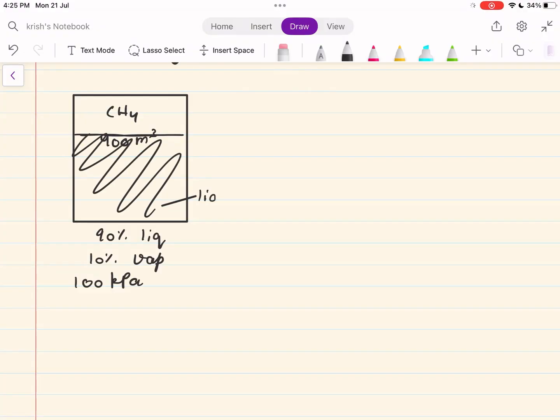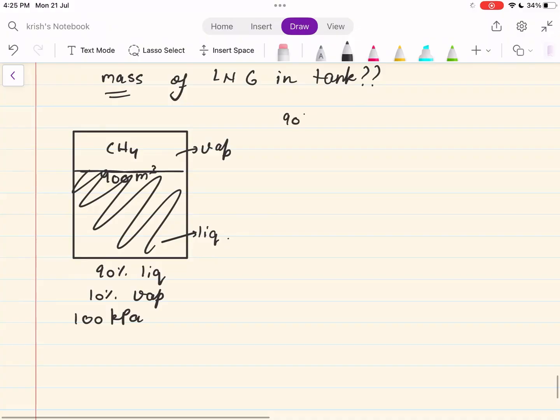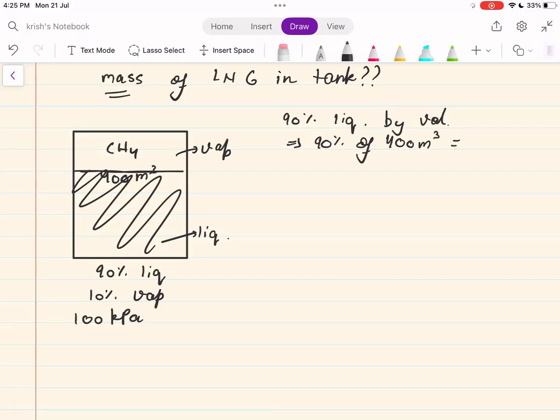This is liquid, this is vapor. 90% liquid by volume implies 90% of 400 meter cube equals the volume of liquid, Vf.